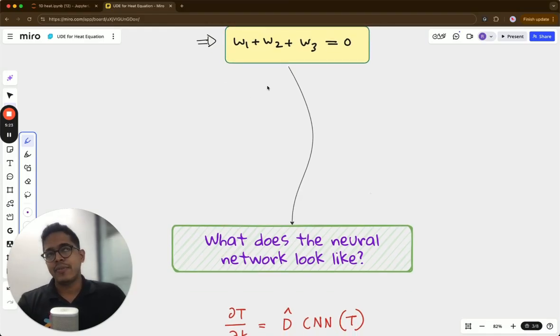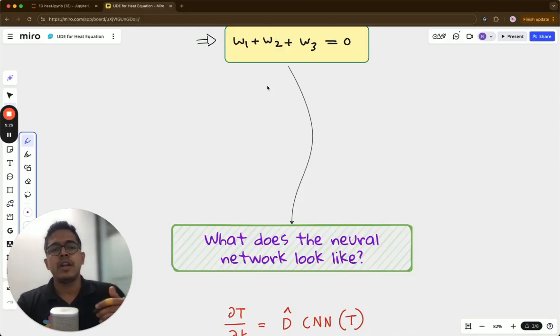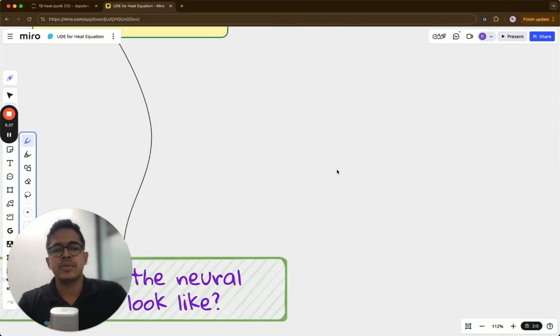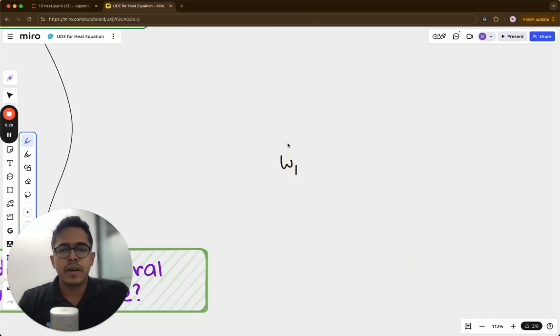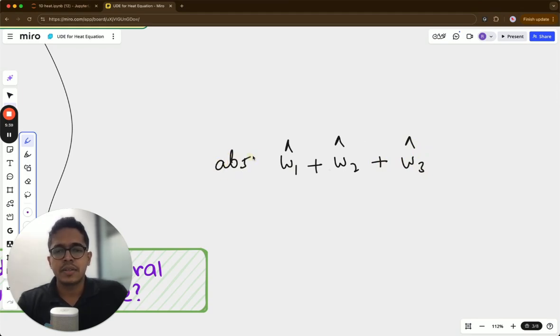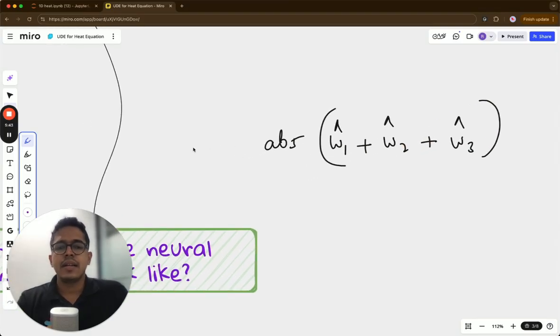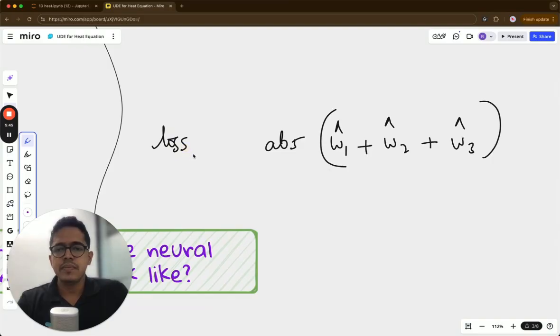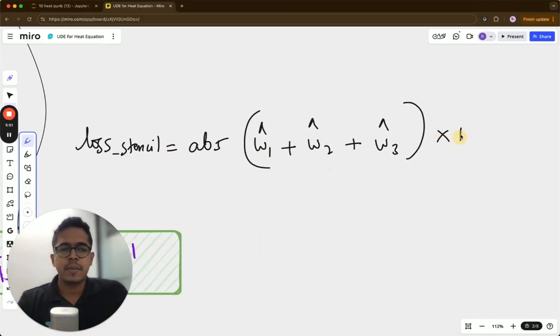So we can enforce that. How do we enforce that? We can enforce that in the form of a loss function. So we can introduce some loss, something like W1 predicted plus W2 predicted plus W3 predicted. We say the sum of these 3 predicted values, and then take the absolute value of this, and we can say that the loss due to stencil is equal to this multiplied by 100 or something like that.